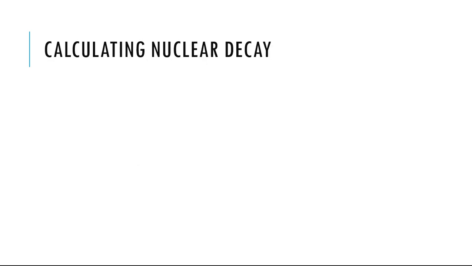When we calculate nuclear decay, there are several equations we can use, and all of these are mercifully in the data booklet. So you don't have to memorize them, but you do need to know what things stand for, because the data booklet's not going to tell you that, and know when you might use them.